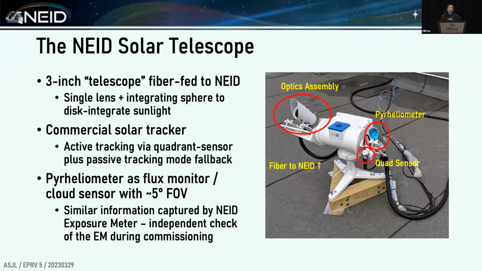This information is also captured by the NEID exposure meter, but we wanted this to be an independent check of the exposure meter during instrument commissioning. A lot of our design decisions for the solar telescope are geared not only towards observing the sun, but also towards seeing what we can find out about instrument systematics.